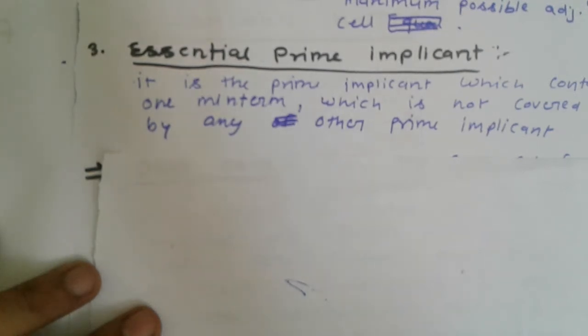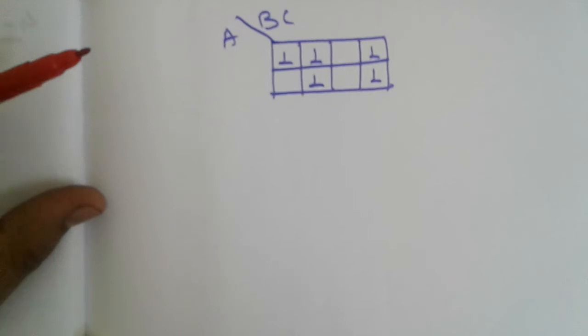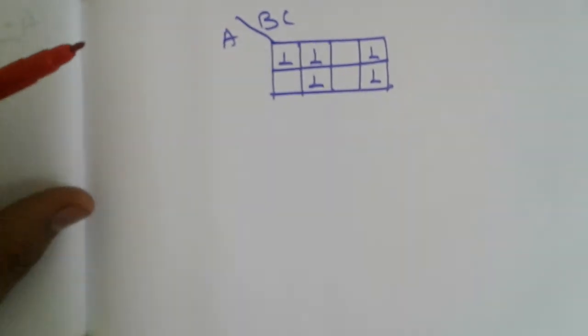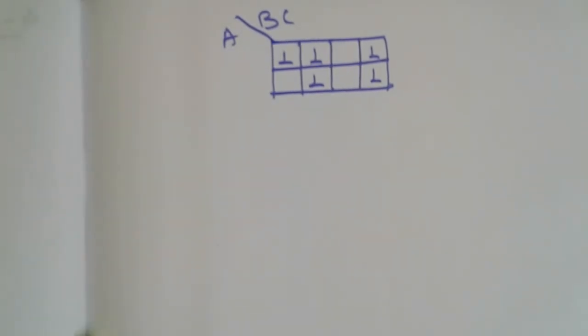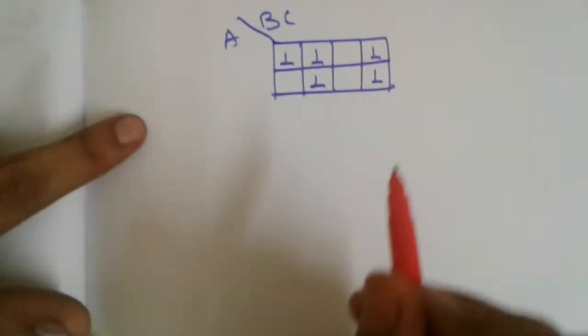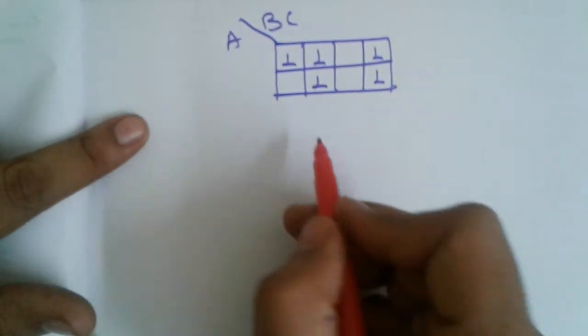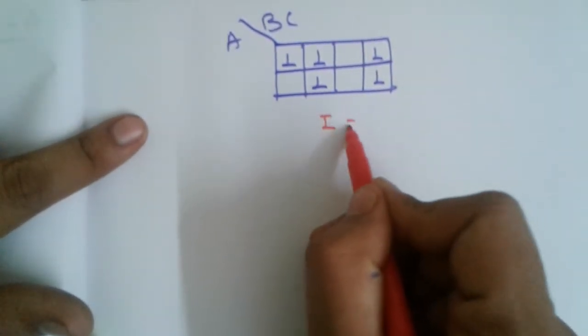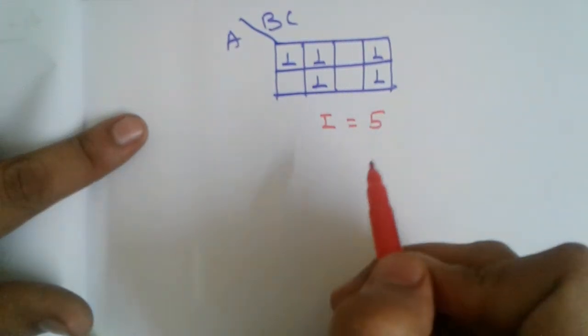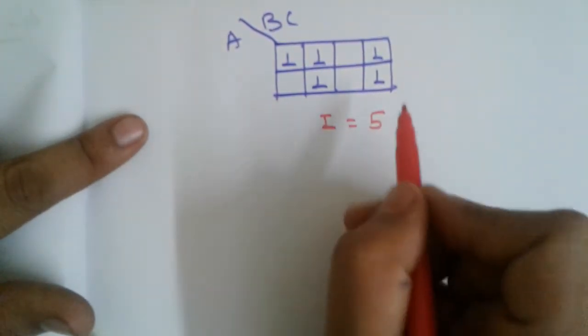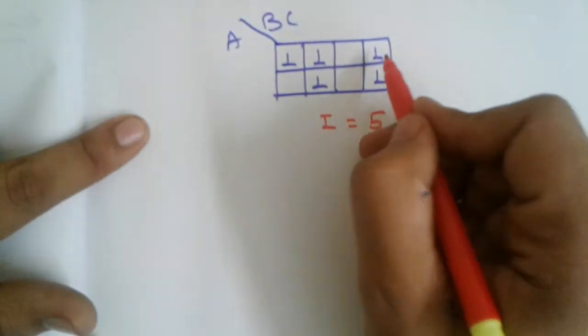So we will see. I have taken this example, and I have already said how to calculate prime implicants and implicants. The implicant is just the number of min-terms. So in this the number of min-terms is 5, so the implicants are 5. And then prime implicants: how to calculate them? We have to make the maximum grouping.